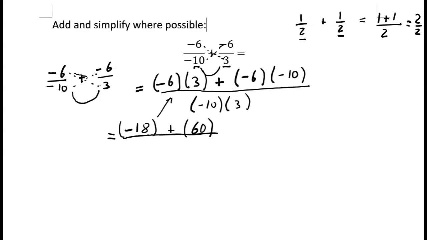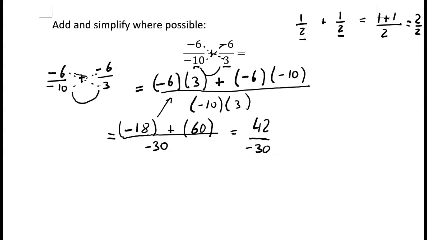And in the denominator, we have -10 times 3, that gives us -30. So when we now calculate, we have -18 plus 60, which is the same as 60 take away 18, so we would get 42 over -30.